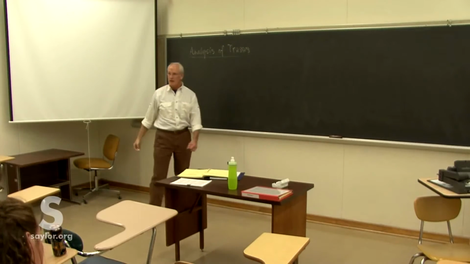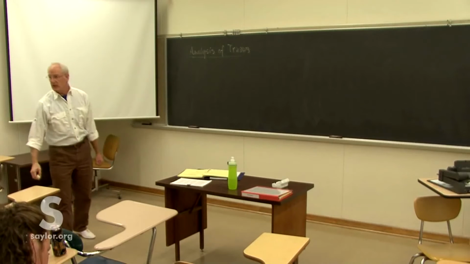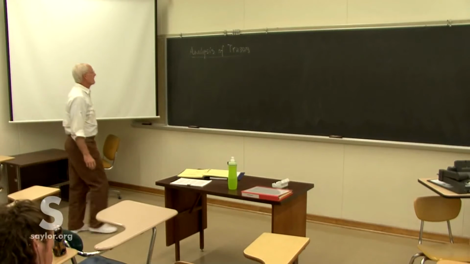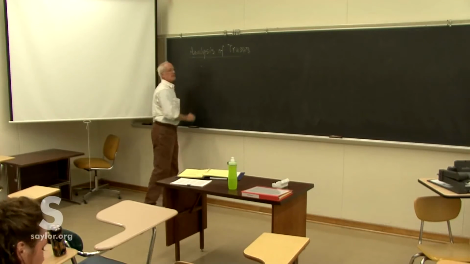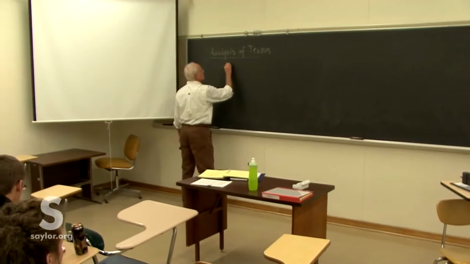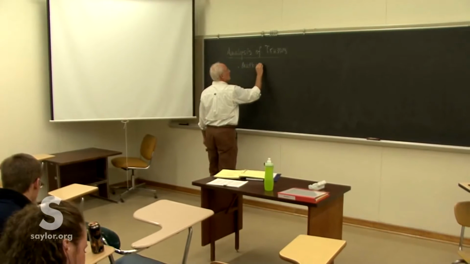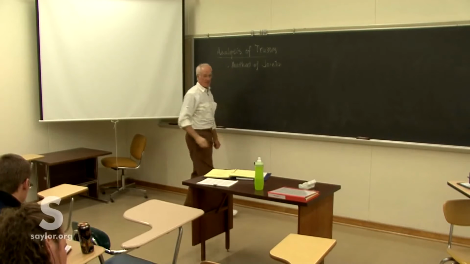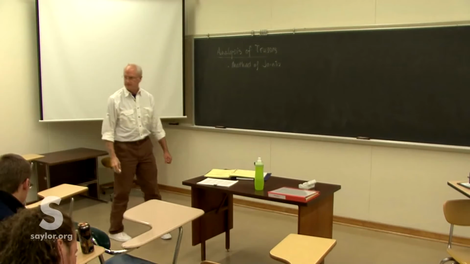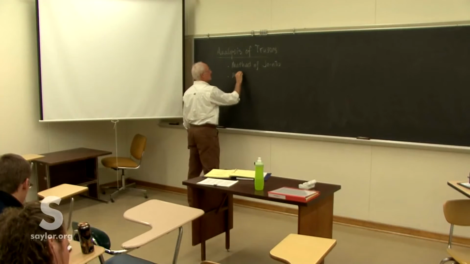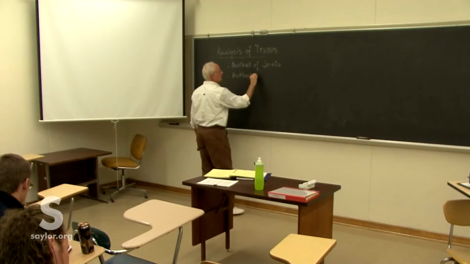And I reserve the right on the exam to specify a particular method. We'll talk about why one method might be preferable over the other. And if I don't specify, then you have your choice of which method. But there's 2 methods that we're going to use. The first we'll go through is what's called the method of joints. That's the one we'll do today. The second is called the method of sections. And we'll do that on Monday.